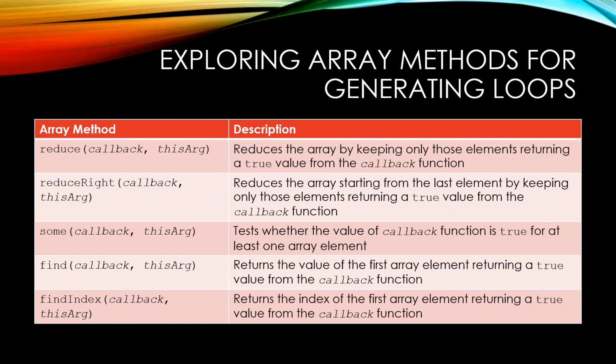Some is if it is true for at least one element. Find is going to give you the value of the first element returning a true, and then findIndex returns the index of the first element returning a true. So you can see these will make coding a little bit easier and quicker to go through.